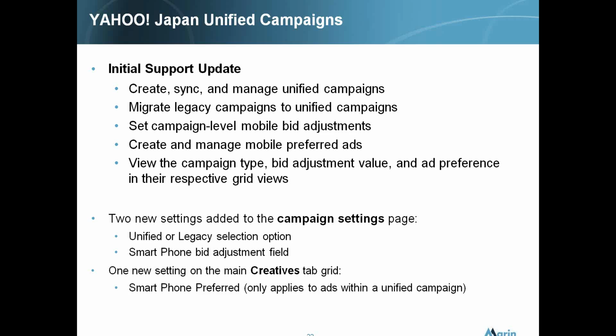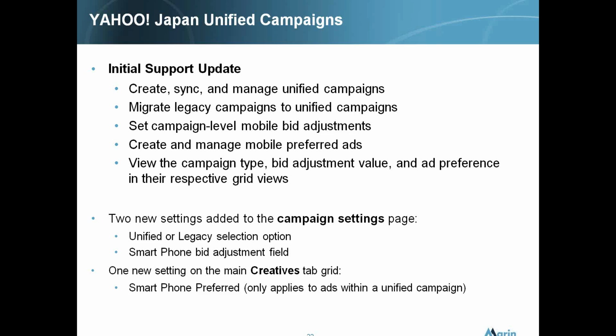Two settings that you'll notice within the application for your Yahoo Japan accounts. You'll notice that there is a unified or a legacy selection option, just like with the legacy versus enhanced for Google. There'll be a smartphone bid adjustment field and also a smartphone preferred ad type selection in your Creatives tab. So again, very similar support.